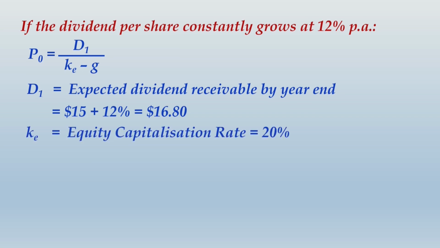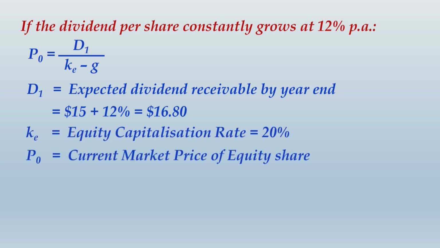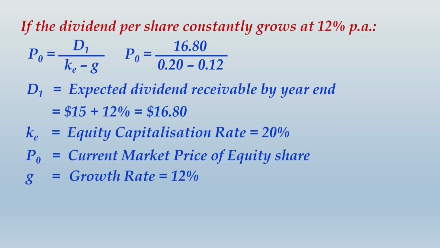KE remains 20%. P0 is what you have to determine, and growth rate this time is 12%. So when you apply these calculations, P0 will be 16.8 divided by 0.2 minus 0.12. So the denominator will be the difference between KE minus G, and finally P0 value comes to 210.